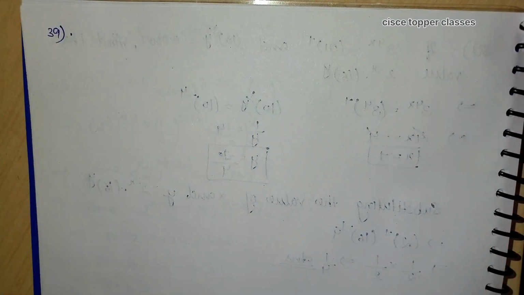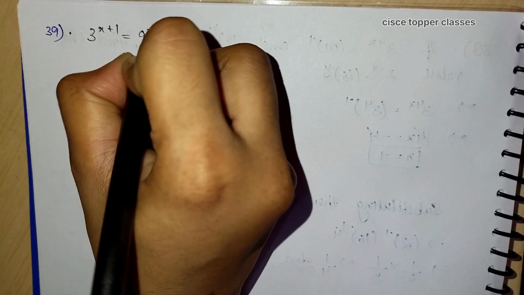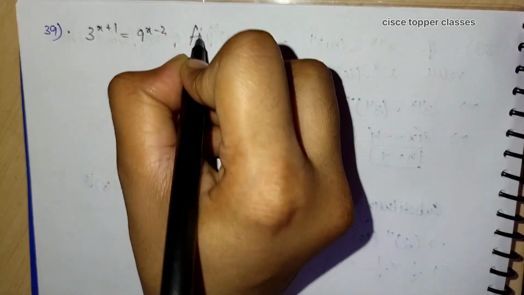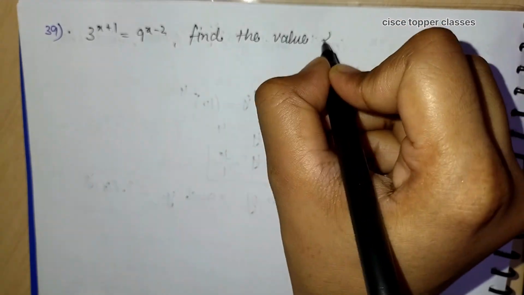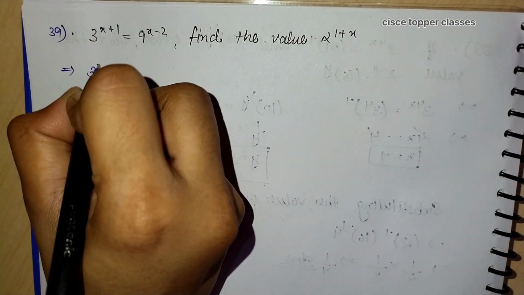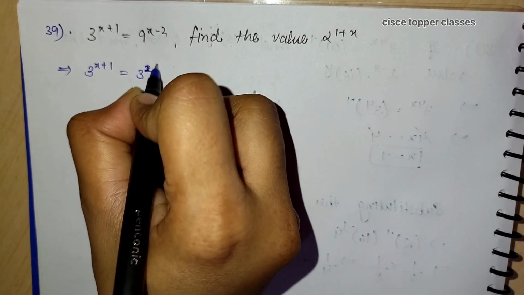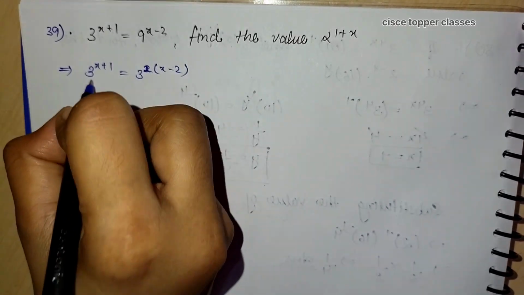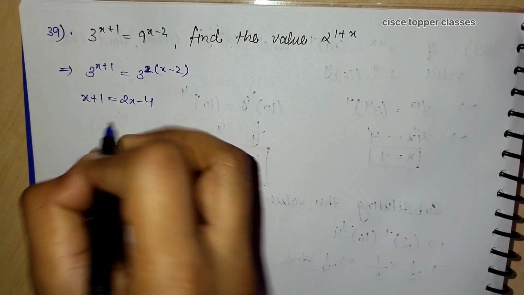Now let us solve the 39th question, which is 3 की power x plus 1 equal to 9 की power x minus 2, and here we have to find the value of 2 की power 1 plus x. Simply we can write here 3 की power x plus 1 equal to 3 की whole power 2, sorry, here, and x minus 2. We can simply on comparing write it as x plus 1 equal to 2x minus 4.